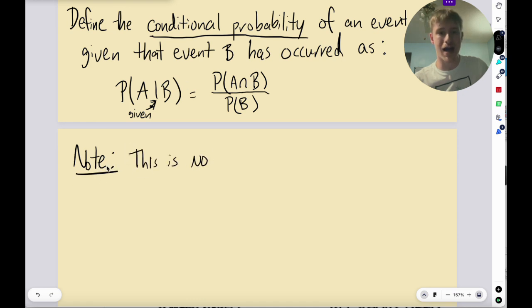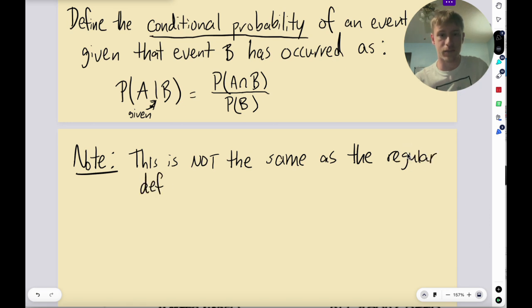So, a warning: this is not the same as the regular or usual definition of probability. Why is that not the usual definition of probability?